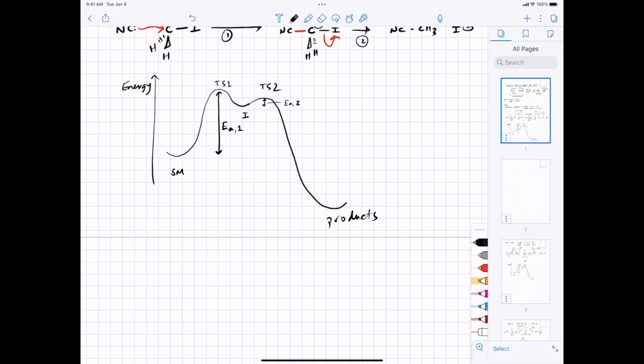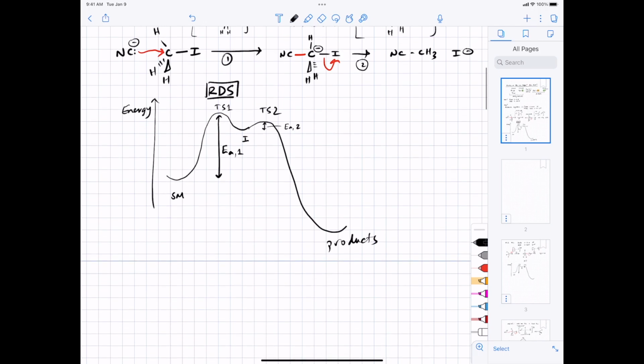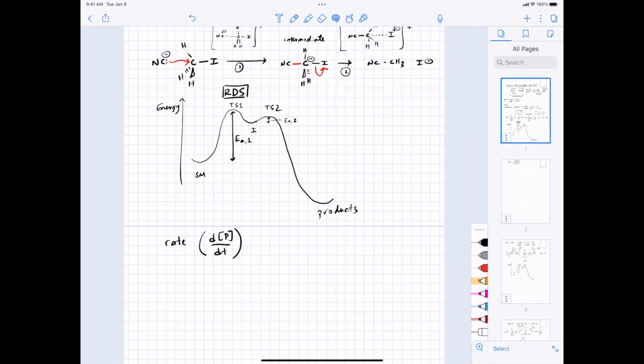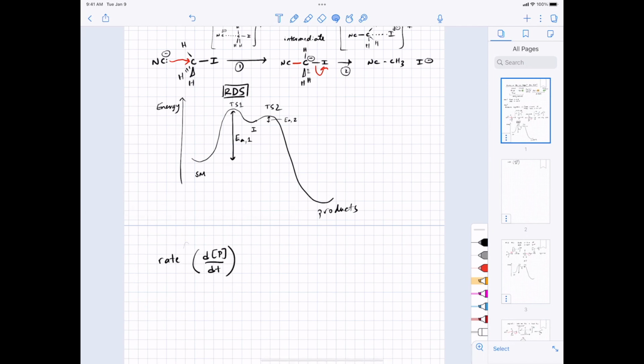For a reaction like this, where the first step is what we'll call the rate determining step, or RDS, we look at what things are involved in that rate determining step, and we will say that the rate of appearance of product, we'll just call it rate, but for those of you that care, that's d, change in concentration of product versus time. If you want to ignore that and pretend that calculus doesn't exist, that's totally fine.